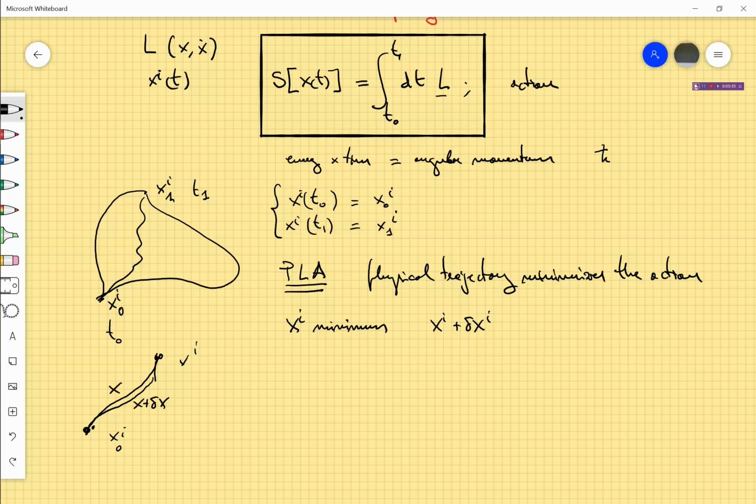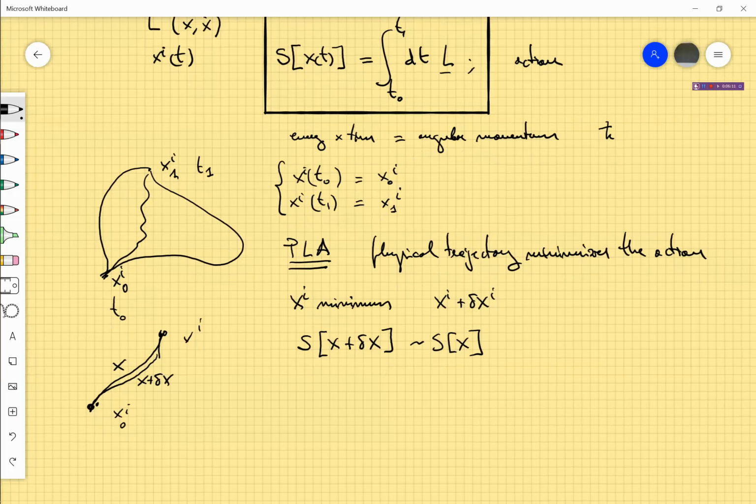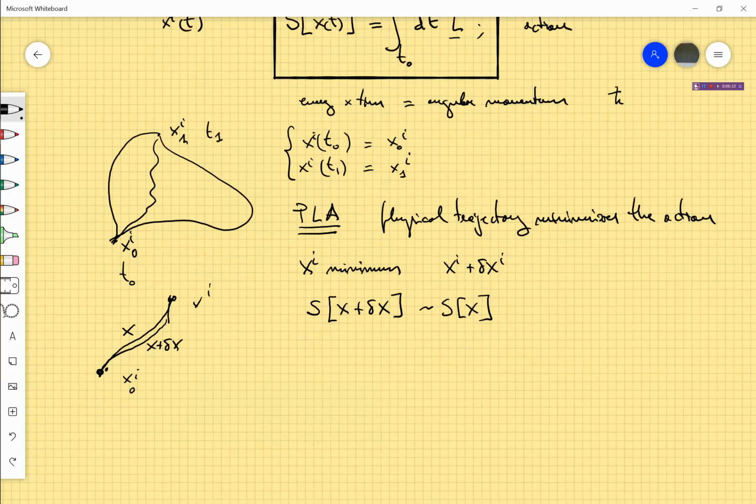And clearly, if it is a minimum, the property of extrema is that if it is the extremum of S, in this case S of x plus delta x will be approximately the same as S of x. It doesn't change much. This is the main property of extrema.